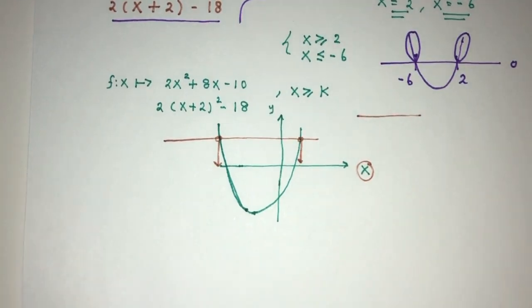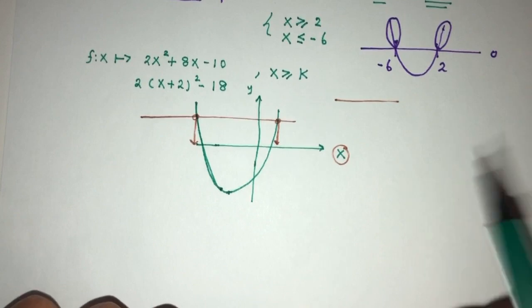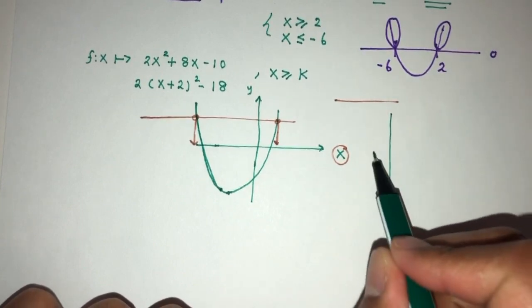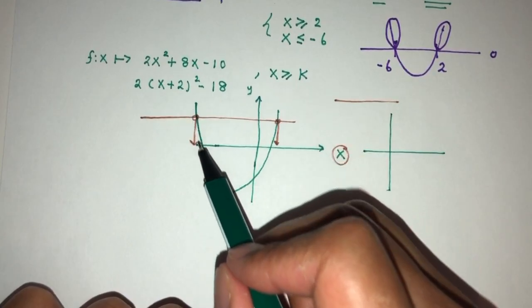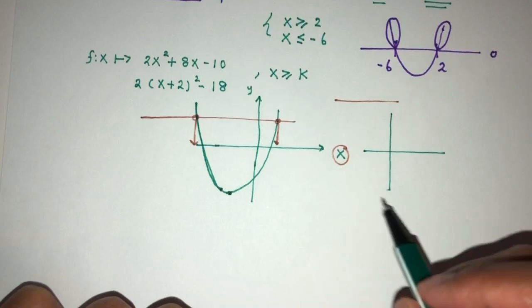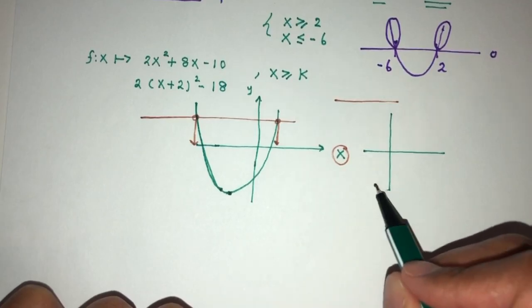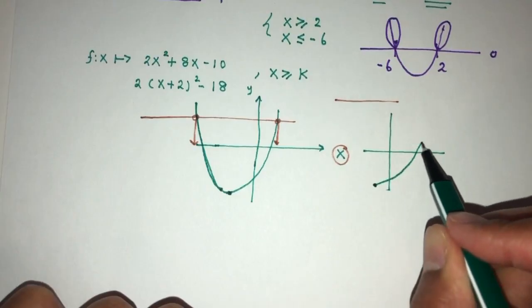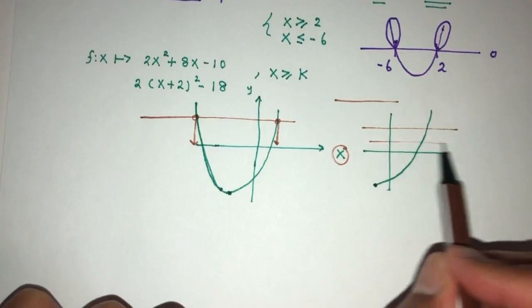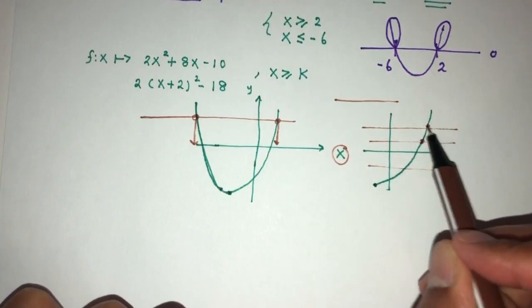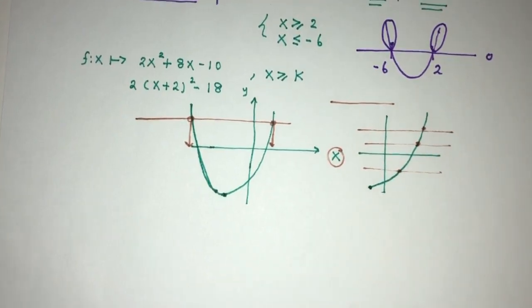So where can that happen? Now, if you observe, if we go up till the point here, we start the graph only from here. So the graph will be only this part. That makes sense. Now, if you draw a line anywhere on the graph, it will meet at only one point, and only then it will be a one-to-one function.